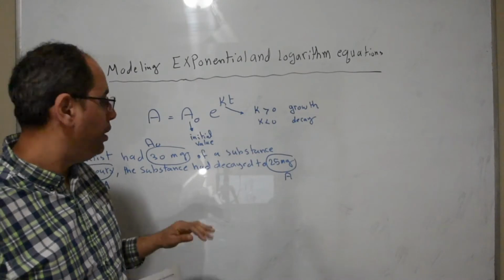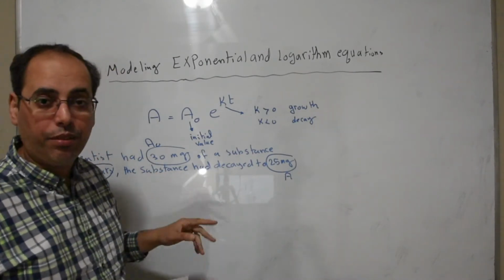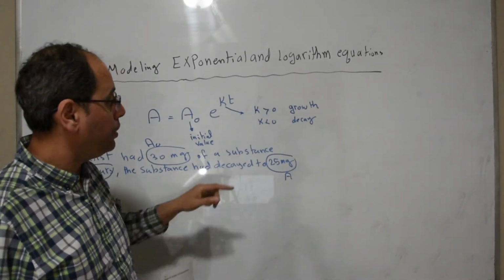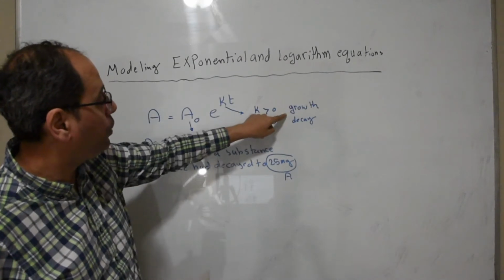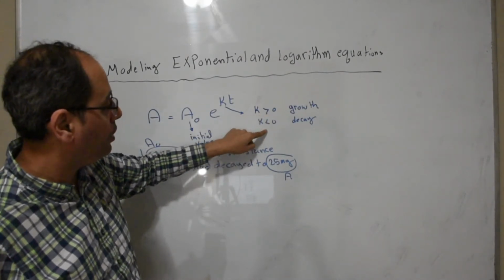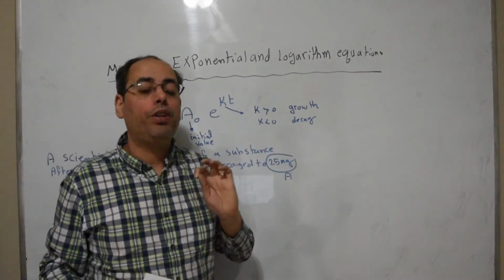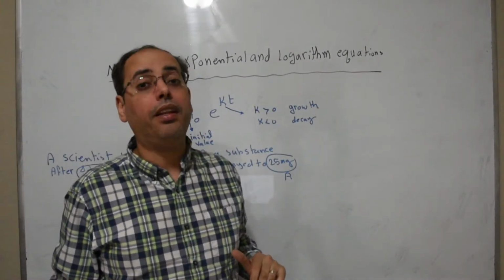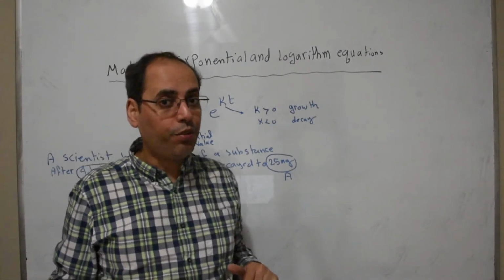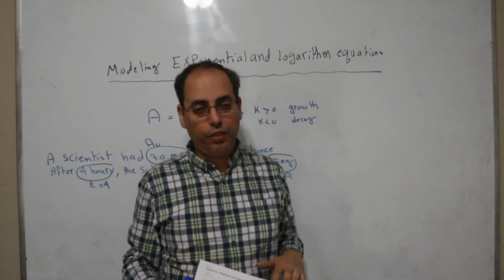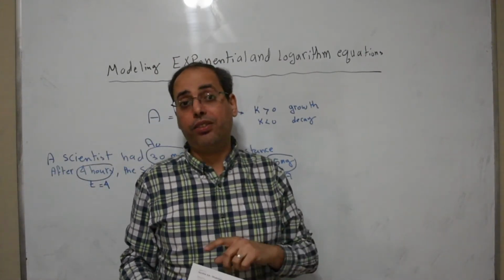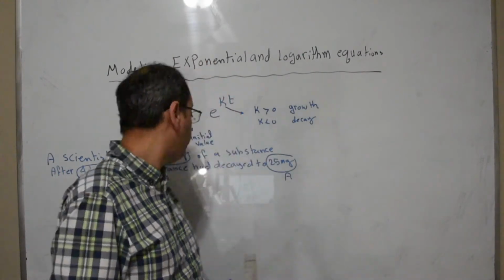Be careful here. k must be negative because it's decay. I told you, if it grows, k would be positive. But if it's decay, it must be negative. So when you answer this question, if you get a positive k, make sure to revise your work because there must be something wrong.